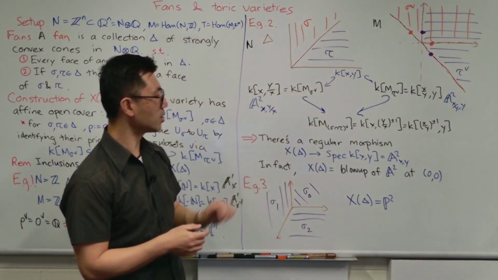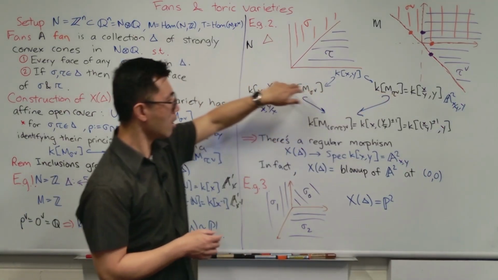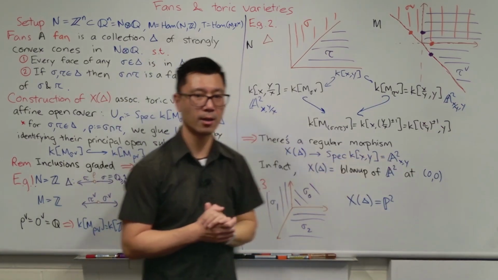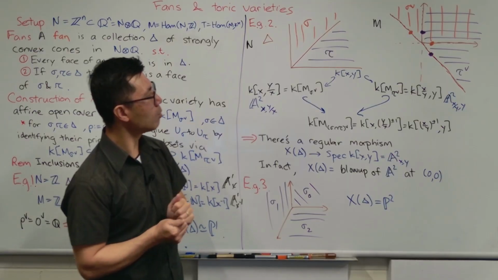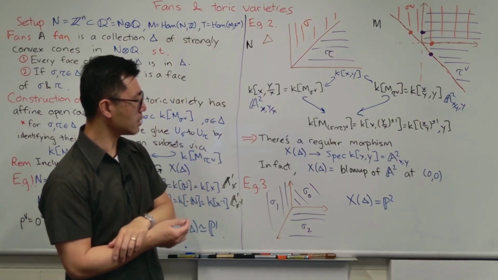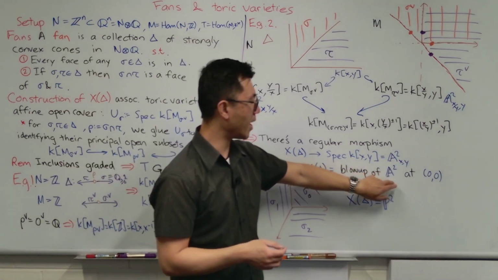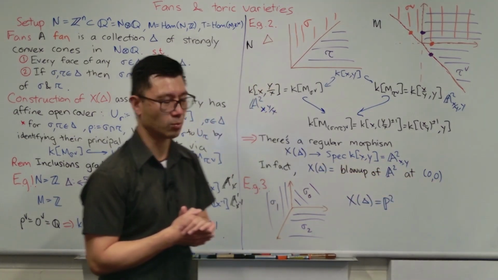So that means that you can actually map all of X delta, not just these affine open subsets, all of this X delta to this A2 with coordinates x, y. And so that's the map that you get. And then you can ask yourself, well, what's happened here is that in fact, X delta here is the blow up of A2 at (0, 0). Okay, so that's basically what's going on.